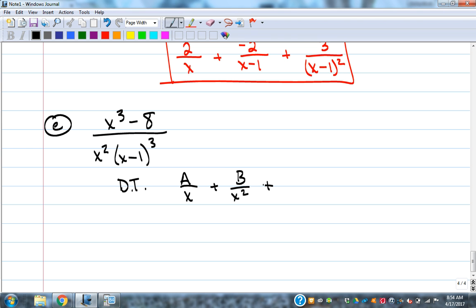Linear, and it happens 3 times. So we got to build up the 3 of them. So we start with 1 of them. That's C. And then we do 2 of them. That's D. And then we do 3 of them. That's E. So we have 1, 2, 3, 4, 5 variables this time.